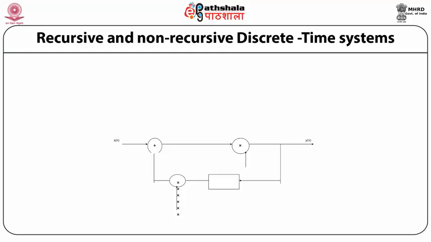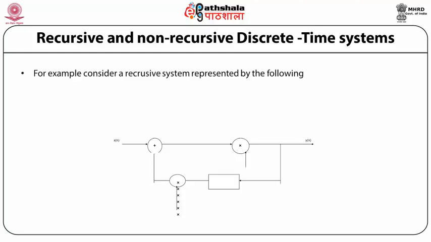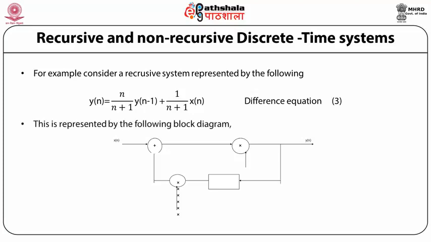So coming back to the recursive system, let us consider an example represented by y(n) equal to n by n plus 1 multiplied by y(n minus 1) plus 1 by n plus 1 multiplied by x(n). This is represented by the following block diagram, where x(n) is the input to the summation and then it is applied to the multiplication by 1 by n plus 1, and then we get the output, which is fed back through z minus 1, then fed to the multiplication with n and then to the summation.